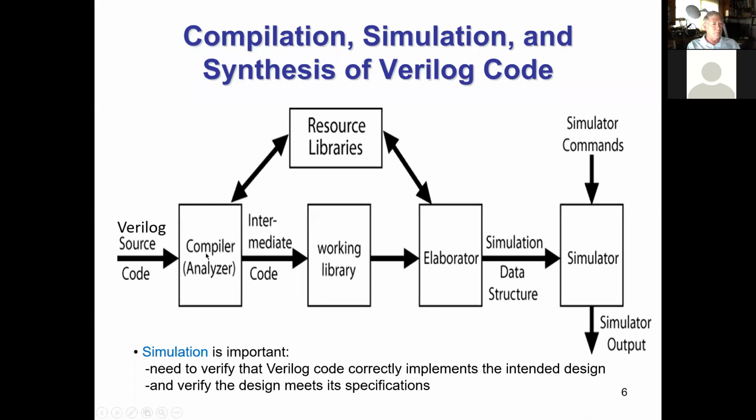So basically, you put in your source code, and then it gets essentially analyzed, and then you get this intermediate code, and then it gets this working library, and then there may be some other libraries you've added IP from, and then it elaborates a design, and then that generates this net list or simulation data that goes into the simulator, and then you can simulate.